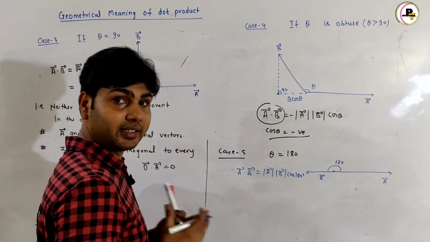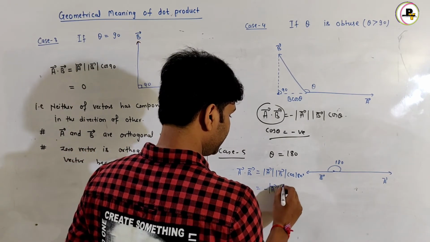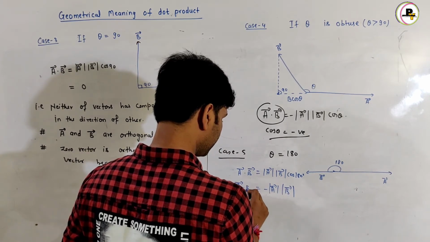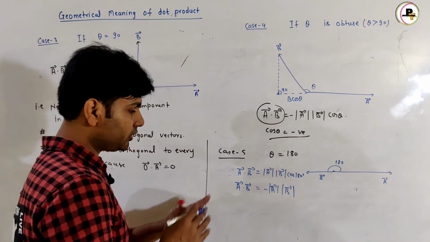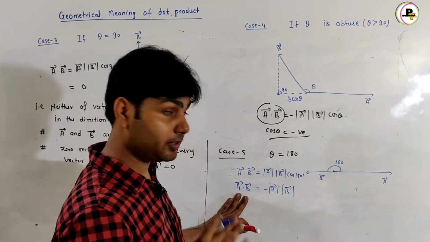Since cos 180 is -1, therefore this is equal to what? Minus mod of vector A into mod of vector B. Alright, so in this case the value of vector A dot vector B is different.